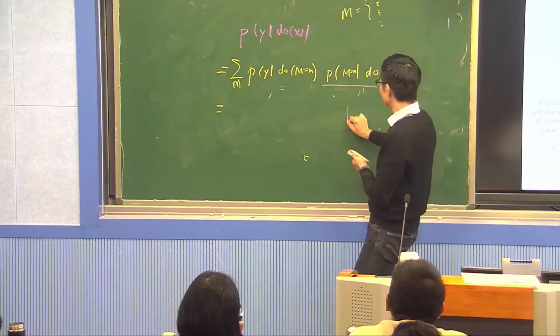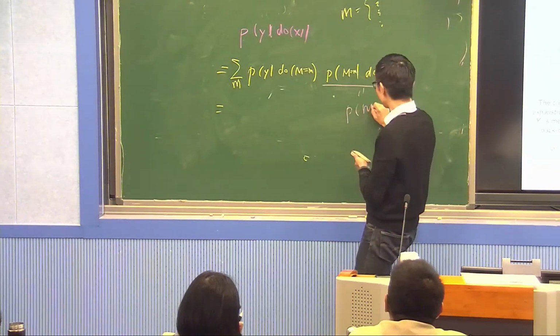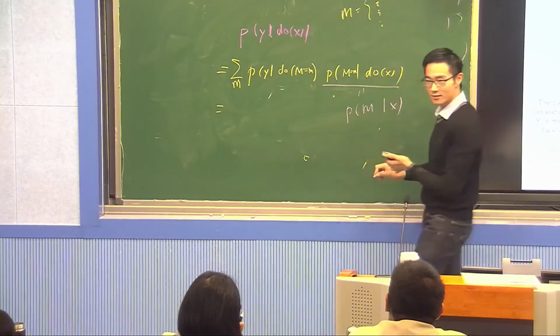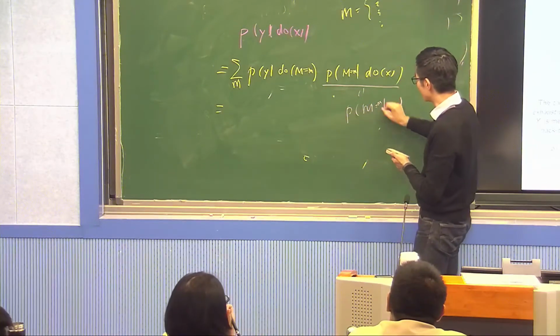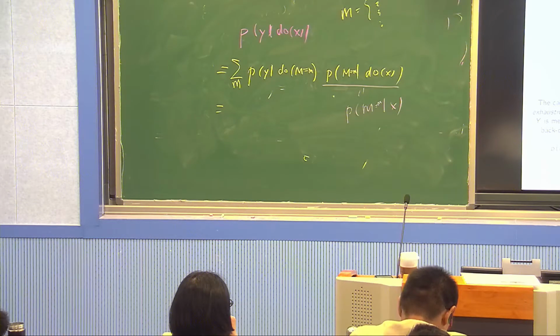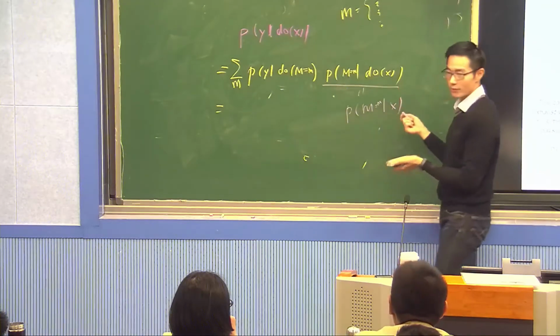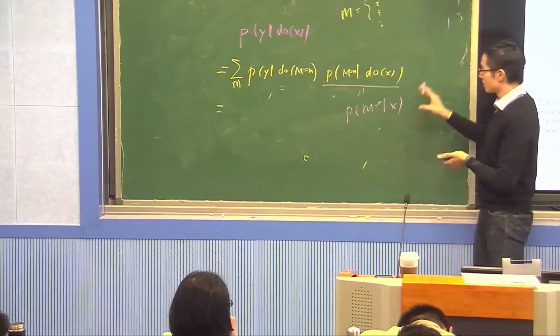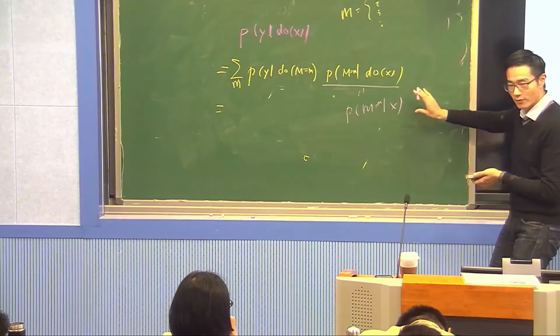Yes, very good. It's just P(m | x). Why? Because it's direct. There's no backdoor path, no open path from X to M. There's only this link. So P(m | do(x)) is P(m | x). That part is done, and we get it from data.